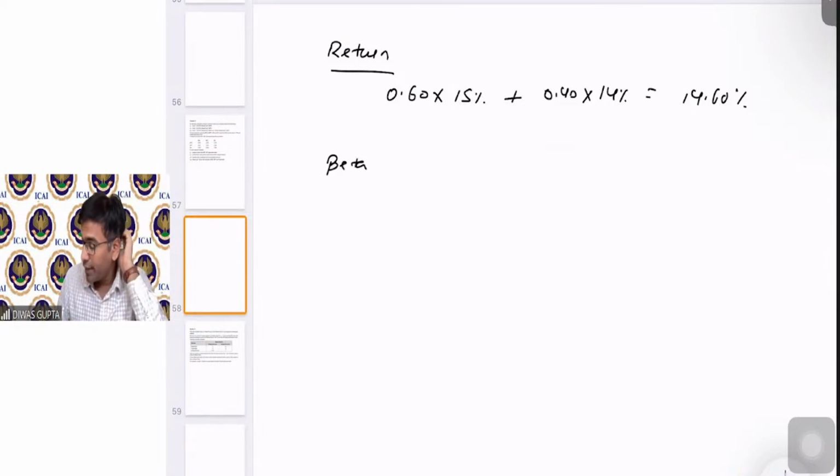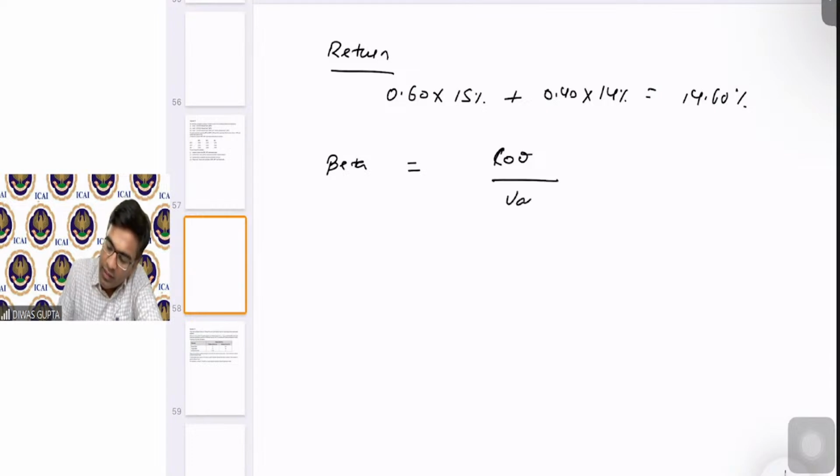So first of all, students, we have been given covariance. Now from that covariance, we will need to calculate the beta. So what was the formula for beta, students? Beta using covariance between the market and that stock divided by the variance of the market.